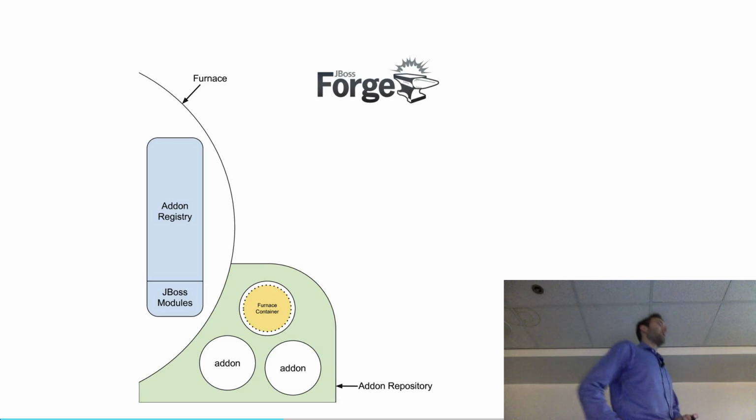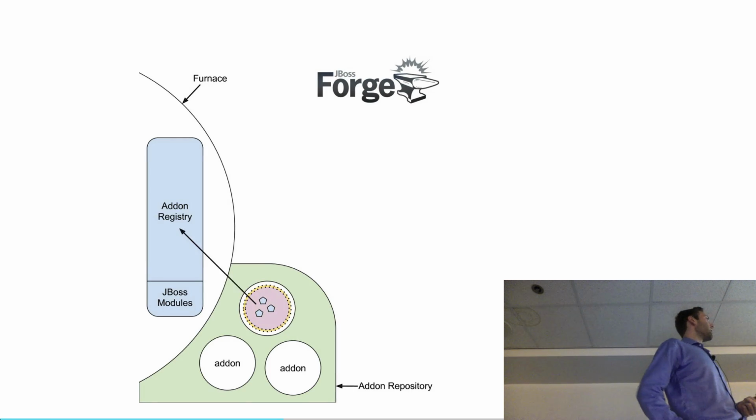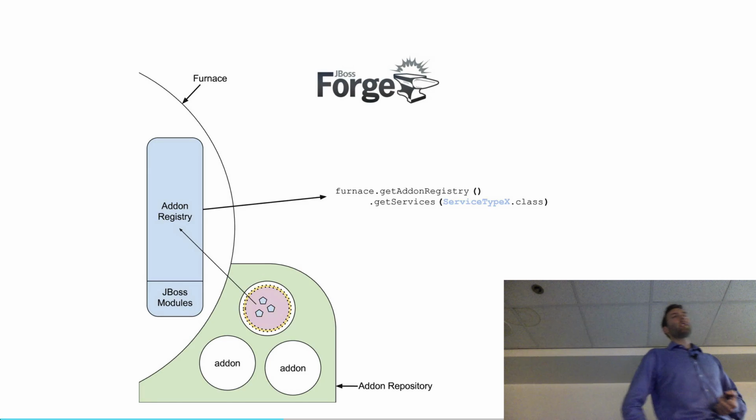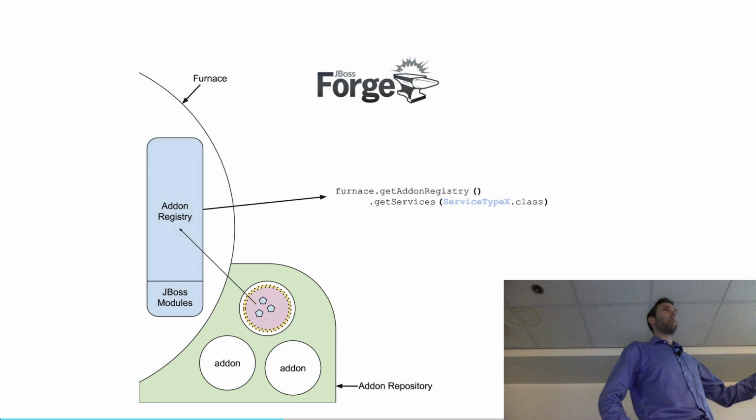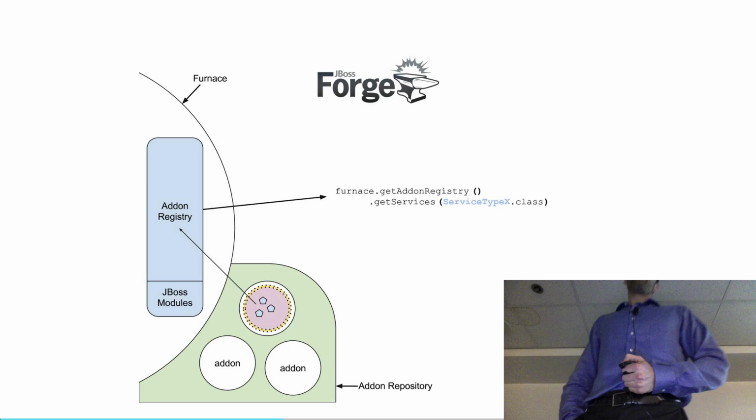The container provides a service registry that lets you define certain classes that behave as special services. And those are available through the service registry using the Furnace Java APIs. That says furnace.get_addon_registry.getServices service type x.class. This is how you interact with Furnace as a module system. But that's not very pleasant.